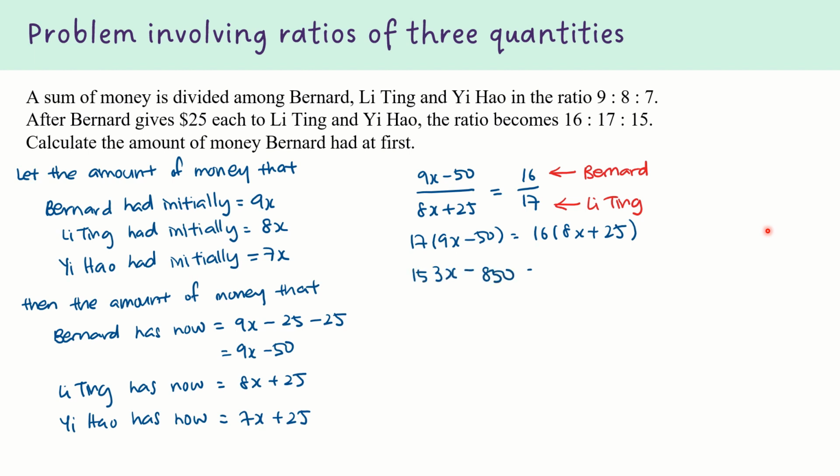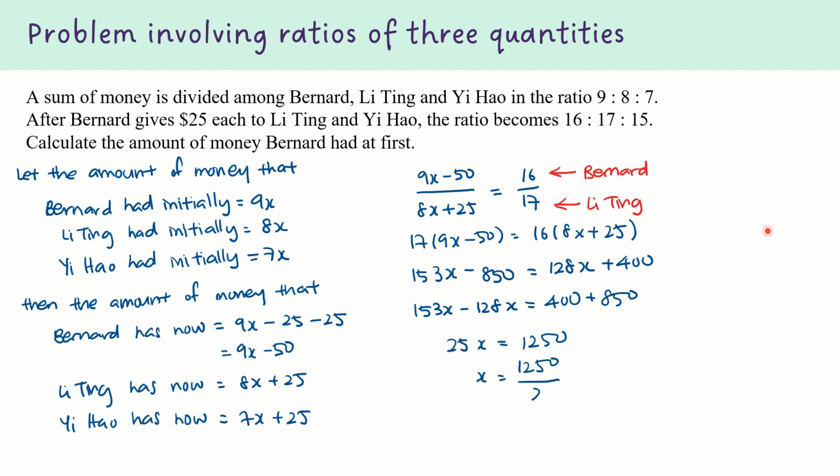We continue to expand and simplify the equation, and in order to arrive at finding the value of x, we will get that x equals 1250 over 25, and that leaves us with 50. So the amount of money that Bernard had is 9 times $50, because that is 9x over here, and that equals $450.